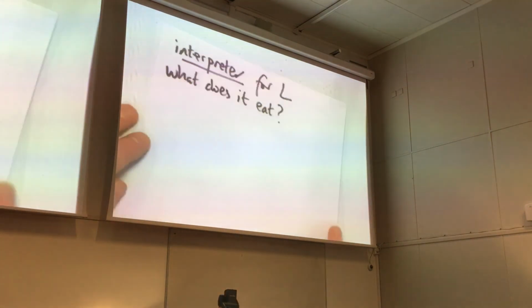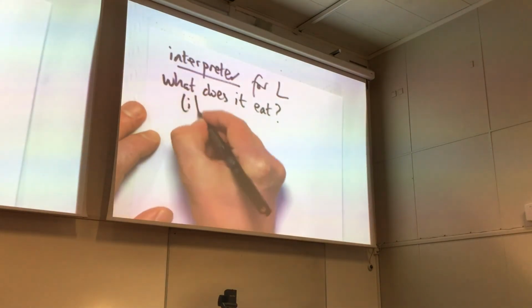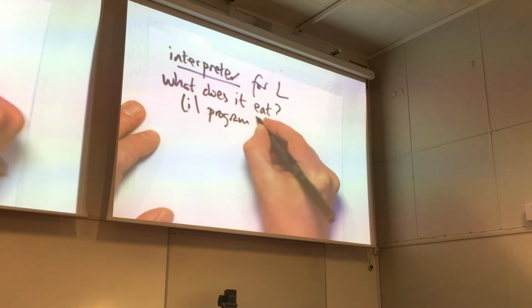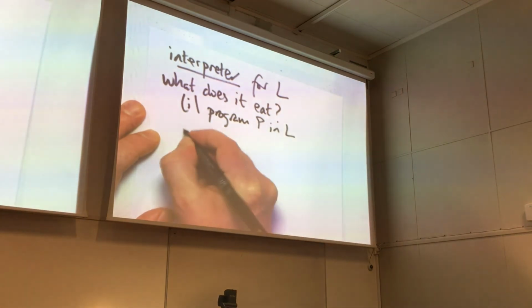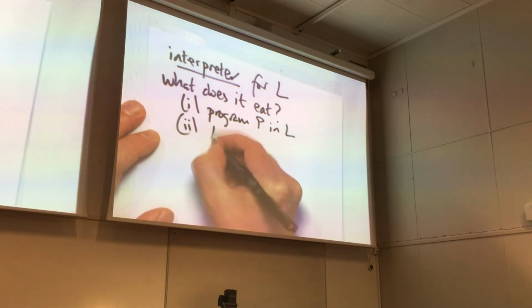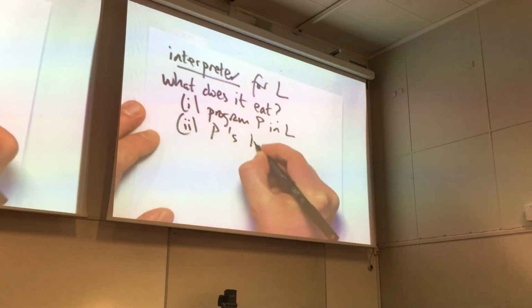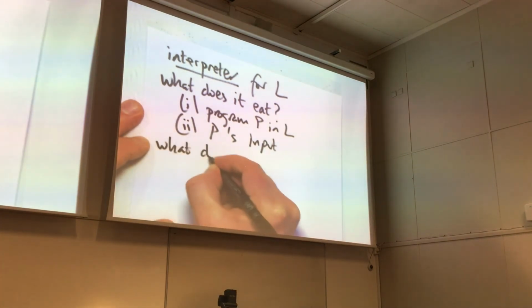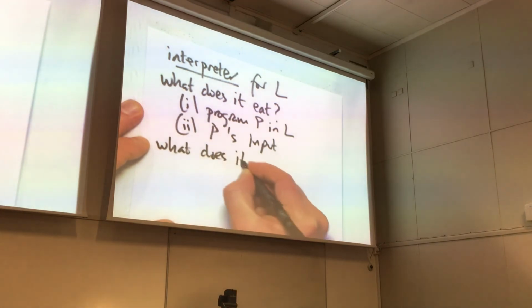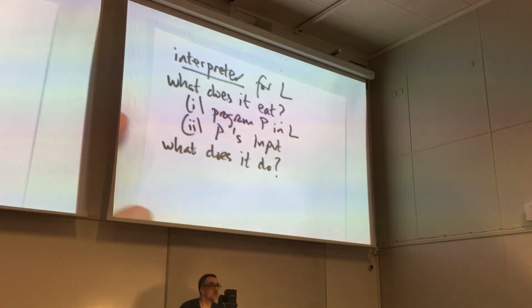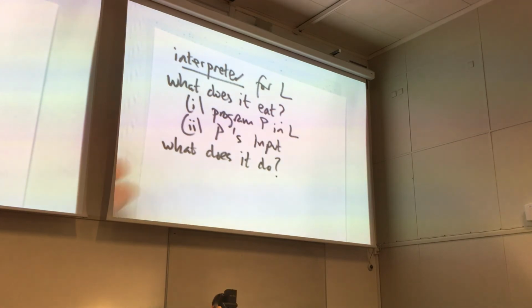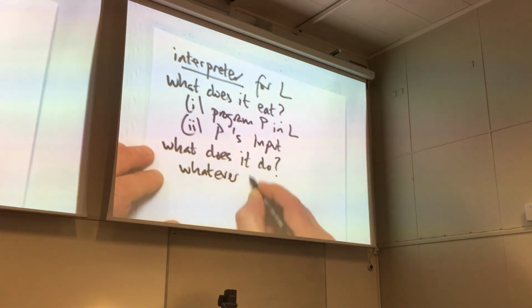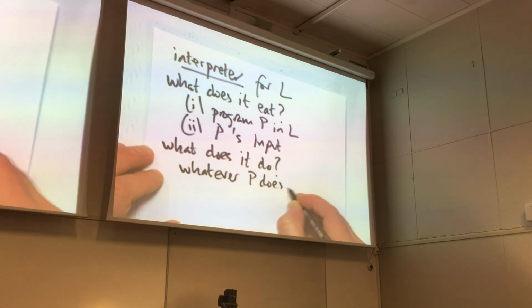Two things: a program P in L and P's input. What does it do? Whatever P does on its input.